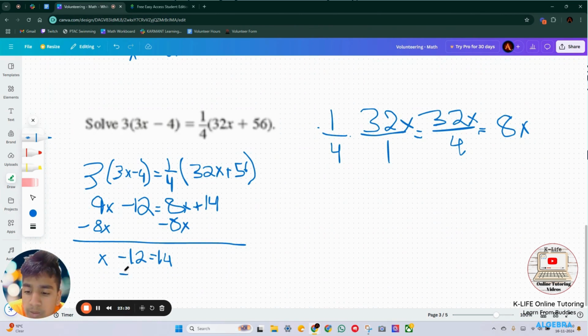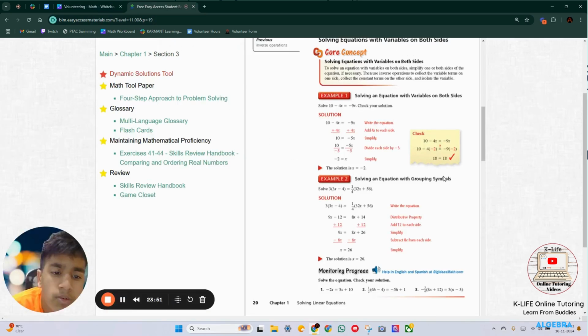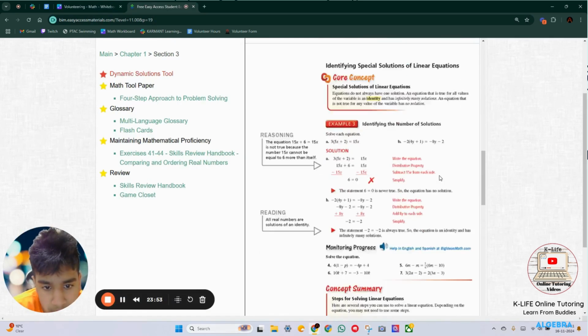Now, what you want to do is plus 12 on both sides, and then x will equal 26. So, your x value is equal to 26. That's how you solve an equation with grouping symbols.